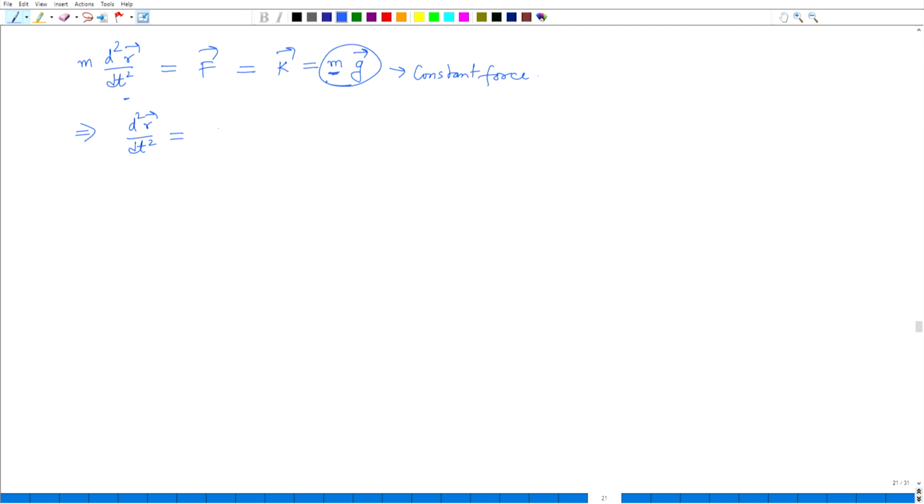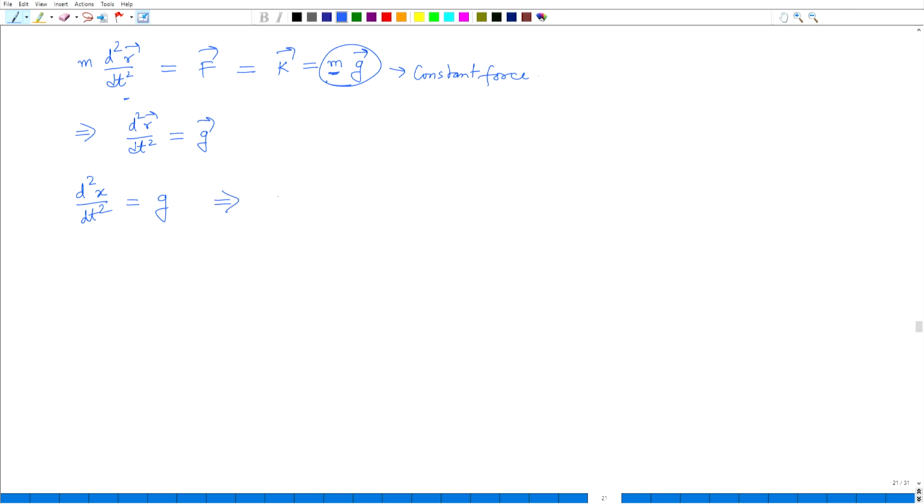That will be Newton's law. Now, I am just doing this for 1D and you try to do it for 3D. In 1D it is equivalent to d2x/dt2 is equal to g, for example.